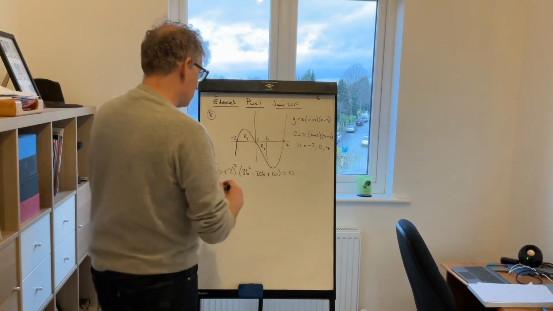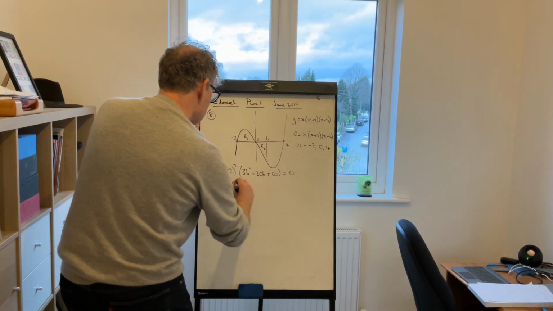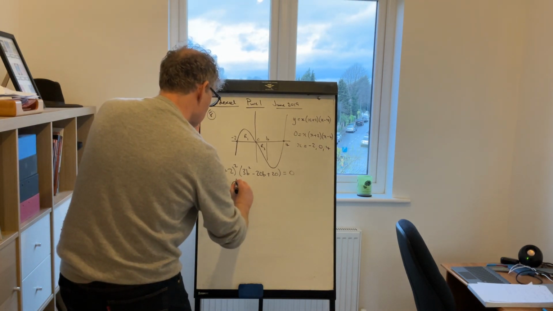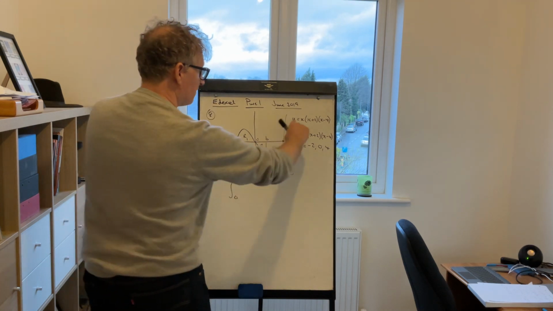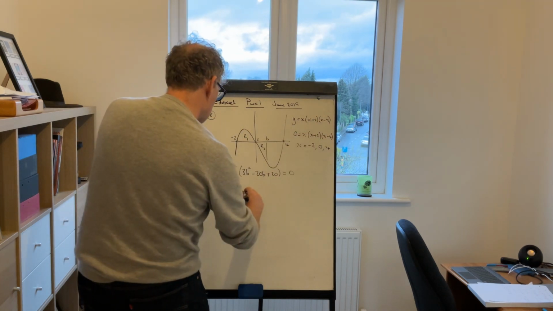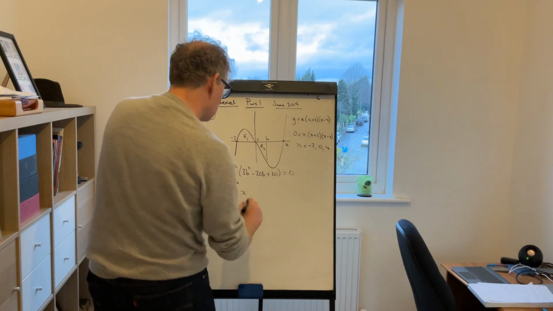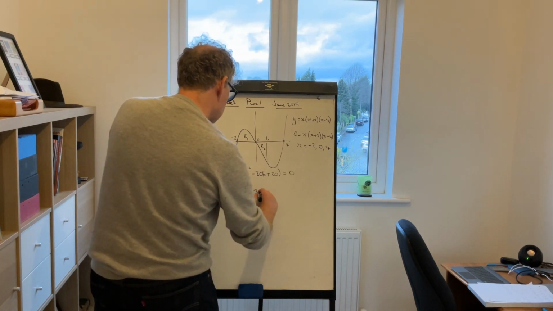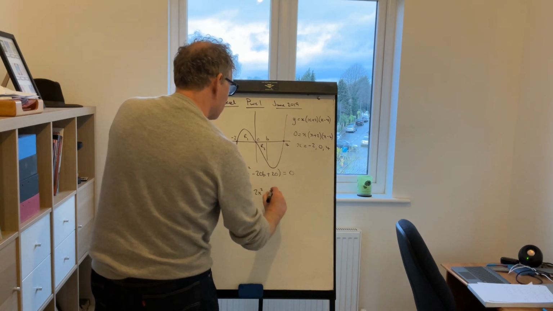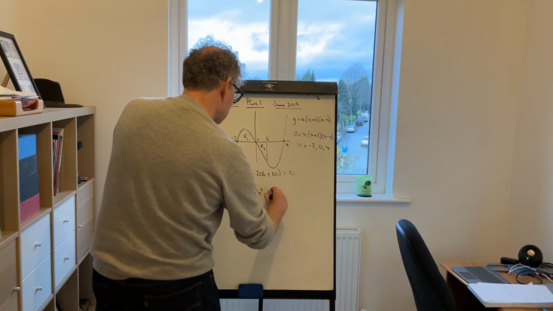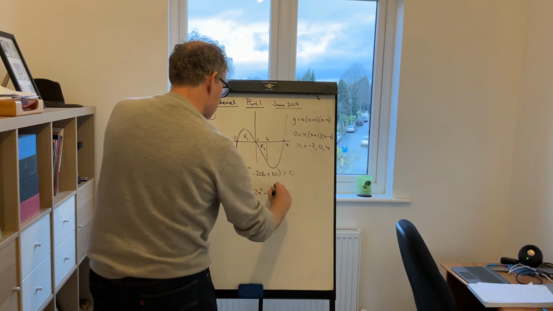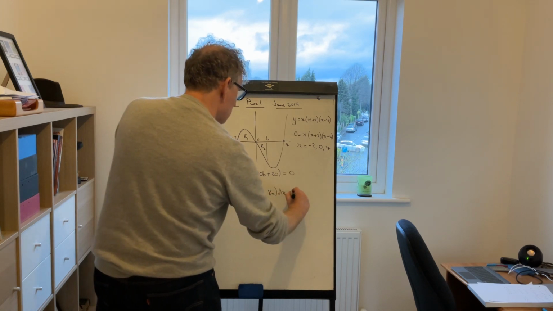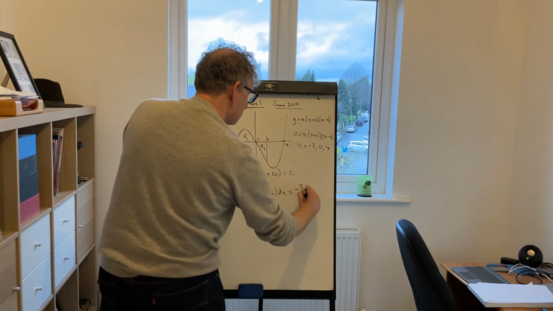So we integrate between b and 0 of x cubed minus 2x squared minus 8x, and we know that's got to equal minus 20 over 3.